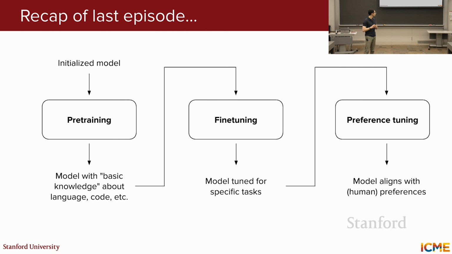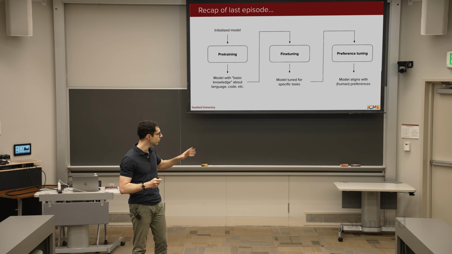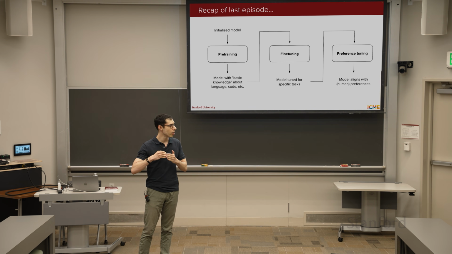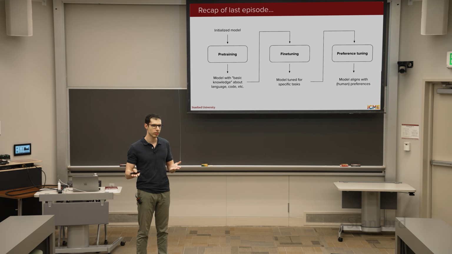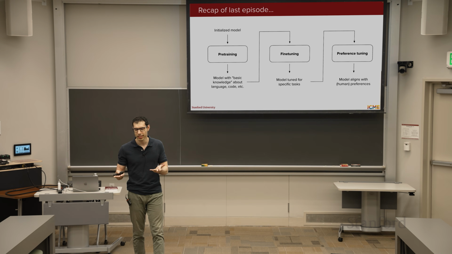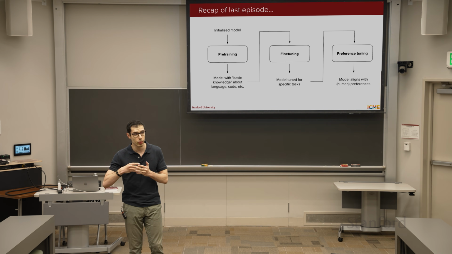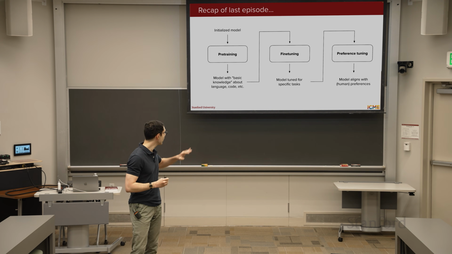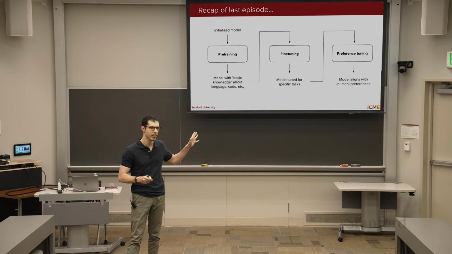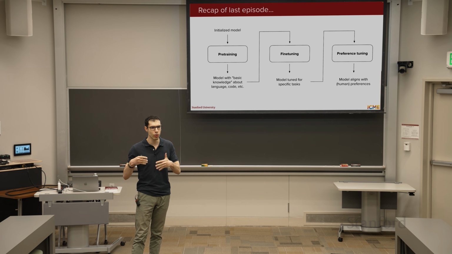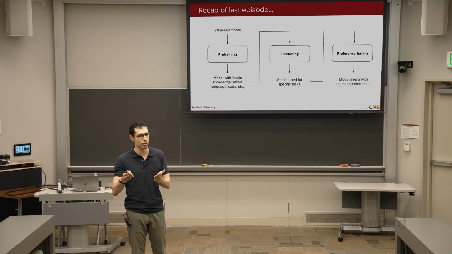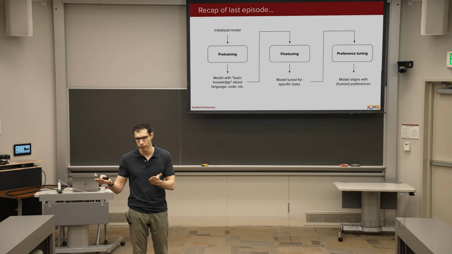In lecture 4, we saw the first part, which was the pre-training part, which is the most compute-intensive step, where we basically teach the model the structure of text, the structure of code, and we do this very large-scale training. So at the end of this first step, we get a model that knows about code, that knows about language, but it only knows how to autocomplete a sequence.